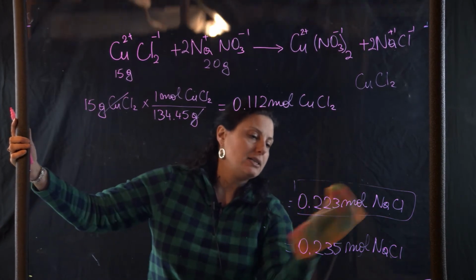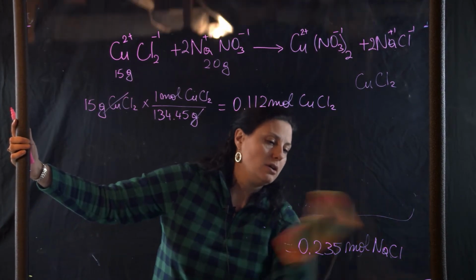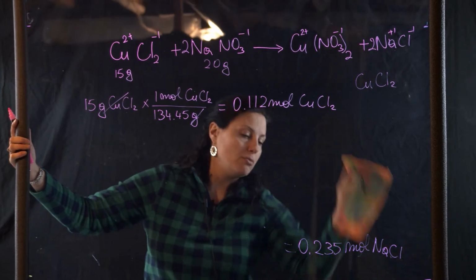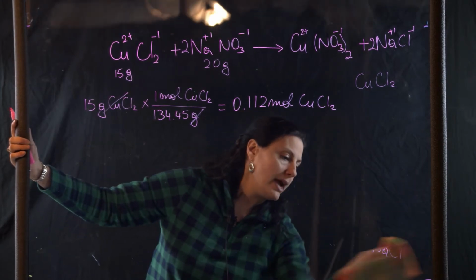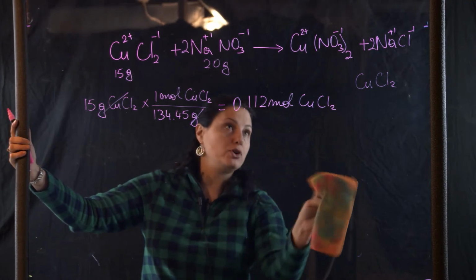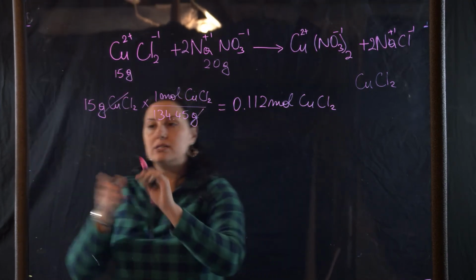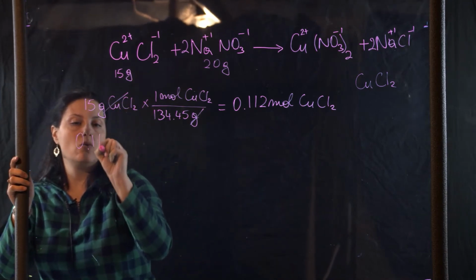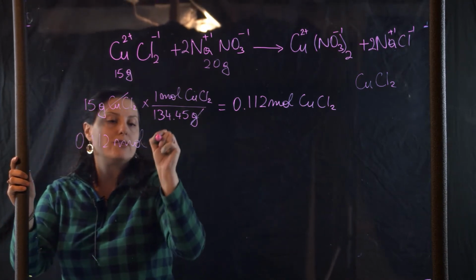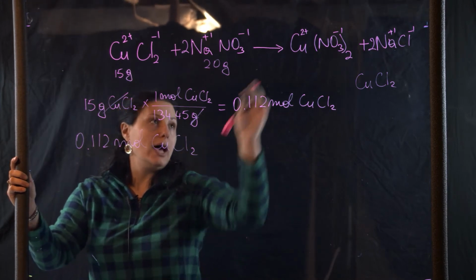Once again, I can take that amount of moles of copper(II) chloride and relate it to the copper(II) nitrate that I have up here. So 0.112 moles of copper(II) chloride, I can relate it.